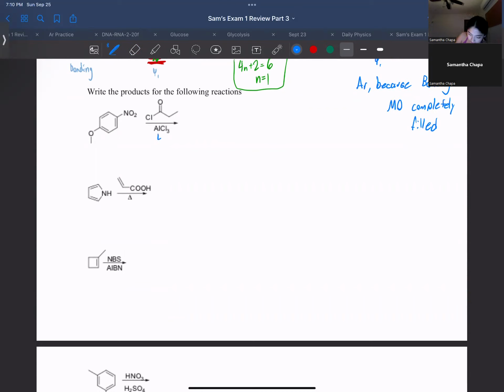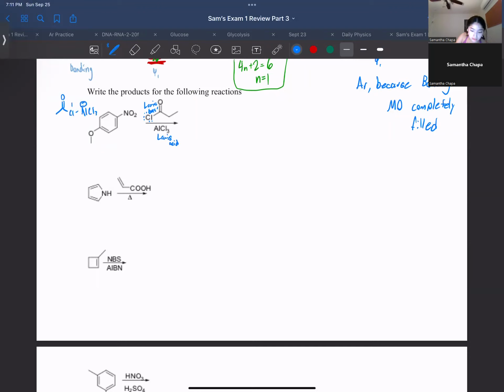So this is going to be my Lewis acid. This is my Lewis base. This chlorine is able to donate a lone pair to my Lewis acid. My Lewis acid doesn't have lone pairs at all, and so in the mechanism when you're donating lone pairs, you're going to make a little complex that looks like this.